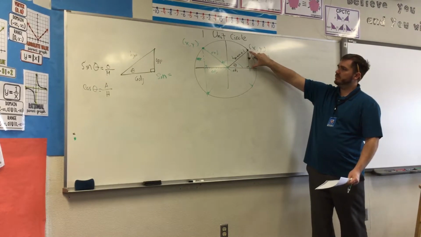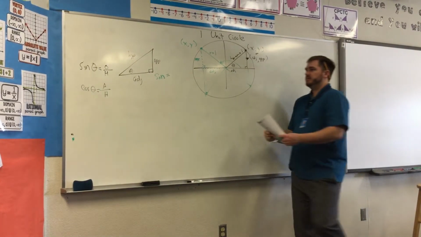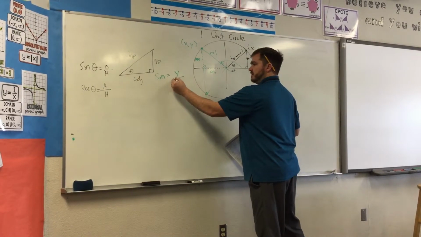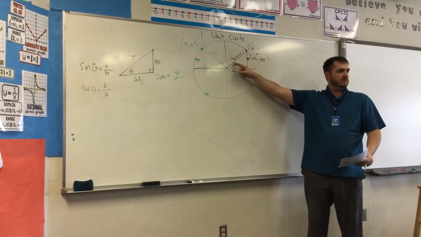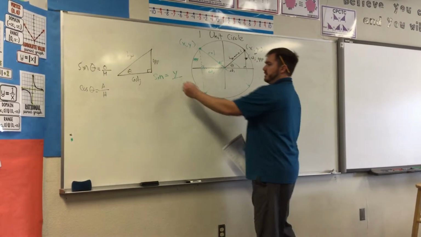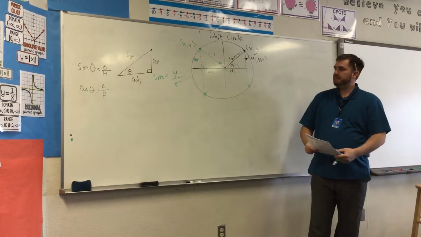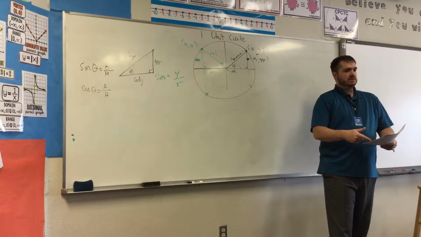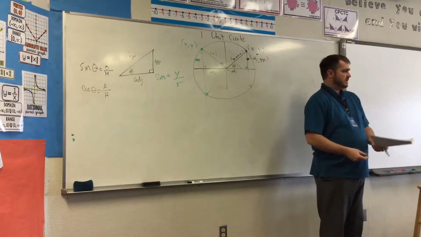What are we calling the opposite here? The y value. And what are we calling the hypotenuse? The radius, the r. So sine is now y over r. That's sort of a more generic way of describing sine.